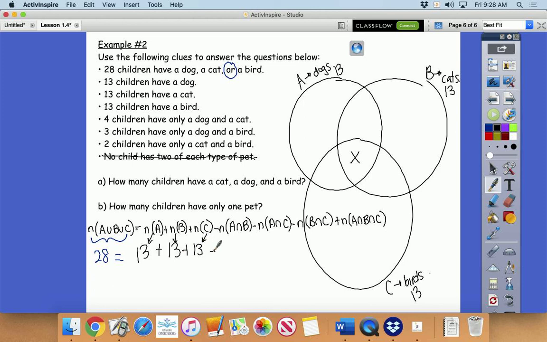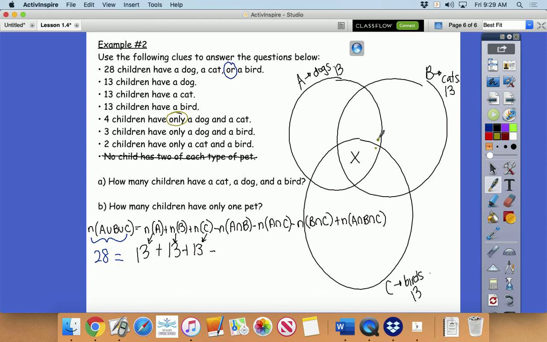Now we're going to subtract the overlap of the entire thing. So there's another keyword that we're going to have to watch for, guys. It says the word only right here. So this word only, before in the previous example, when we had 4 children have a dog and a cat, we would know that dog and cat would be both these parts, right?